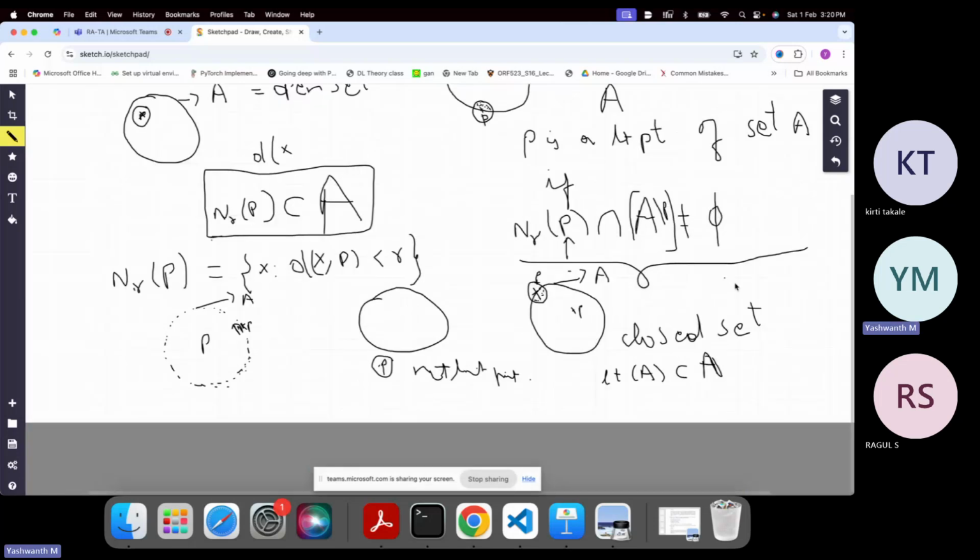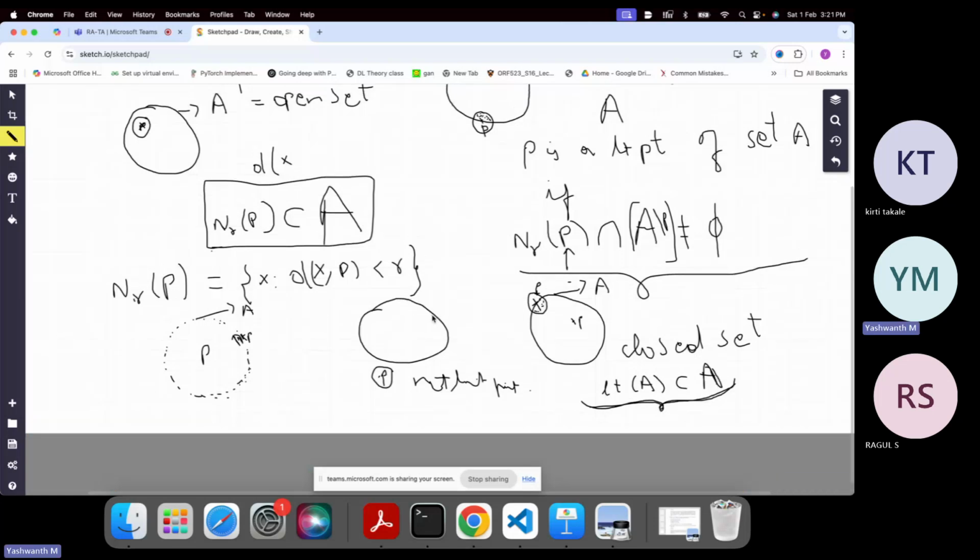One more small caveat here is the concept of isolated points. Let's say this is my set A, and there's a point P. Now if I define B as A union P, the set B contains A and it contains this point P. Now, what is the behavior of this point P?